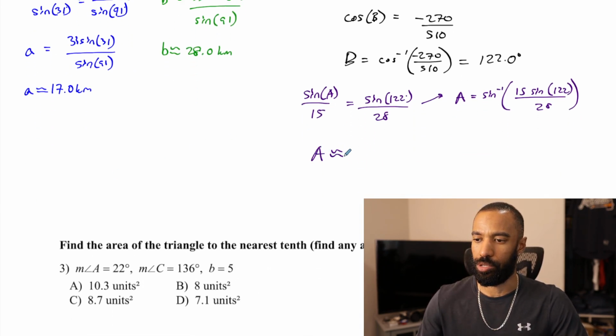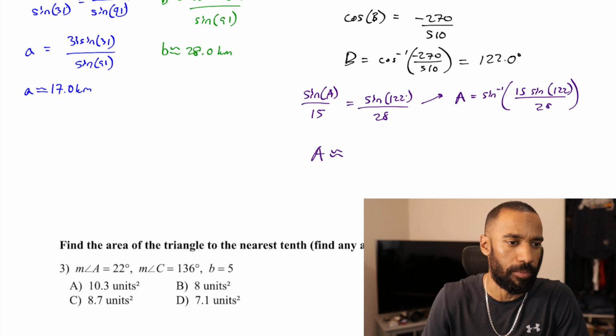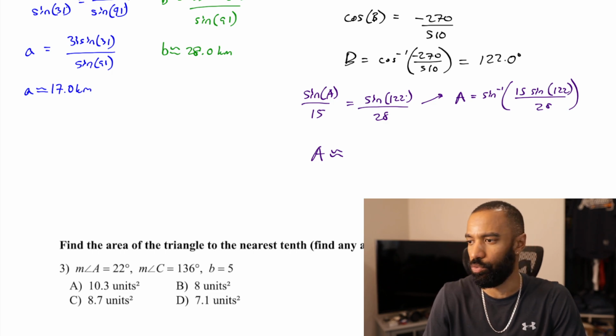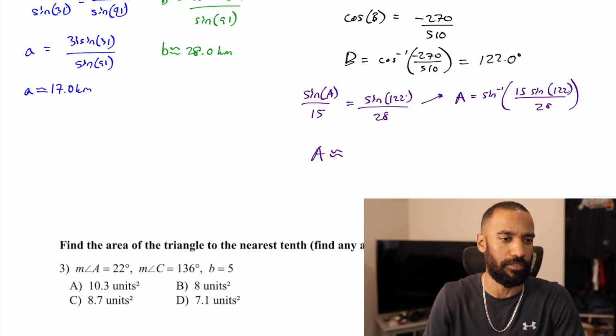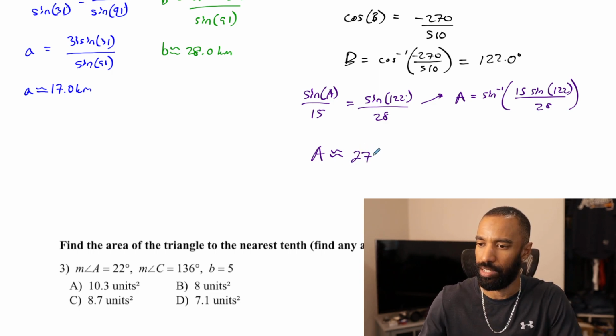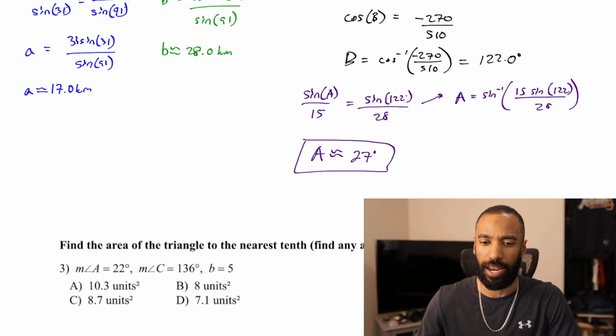So that is going to be about, let me just rummage through the calculator. Sorry about this. 15 times sine of 122 over 28, all within the inverse sine. 27.02, so around 27 degrees for A.